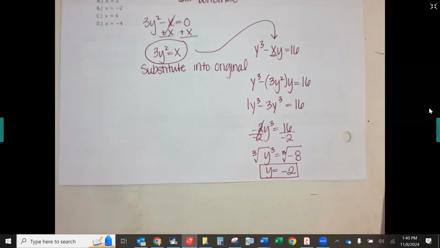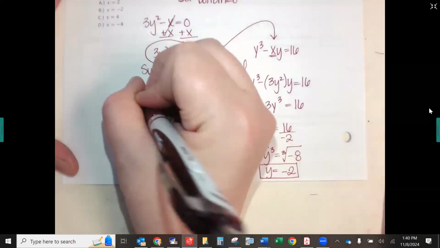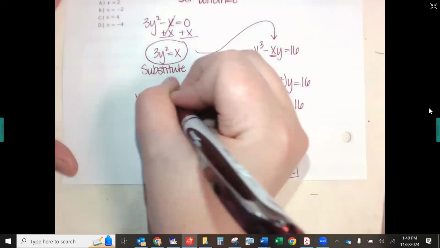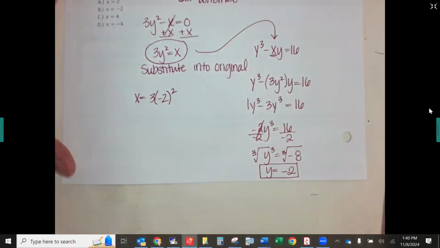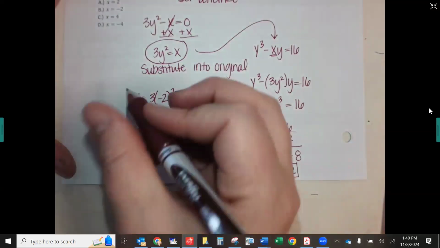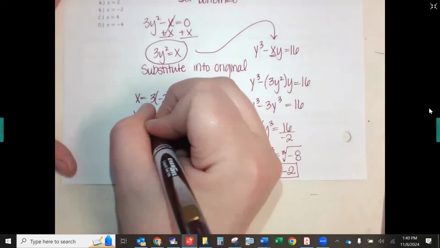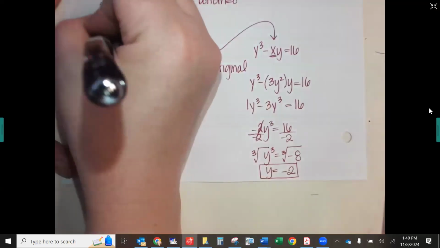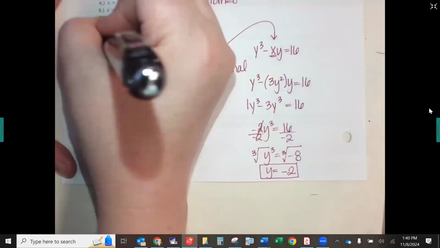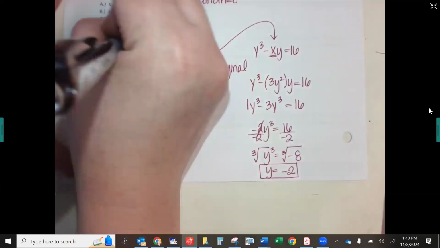Remember, x is 3y squared. So if I now know that my y is negative 2, then I know that x is going to be 3 times negative 2 squared. And negative 2 squared is 4. 3 times 4 is 12. So x equals 12.